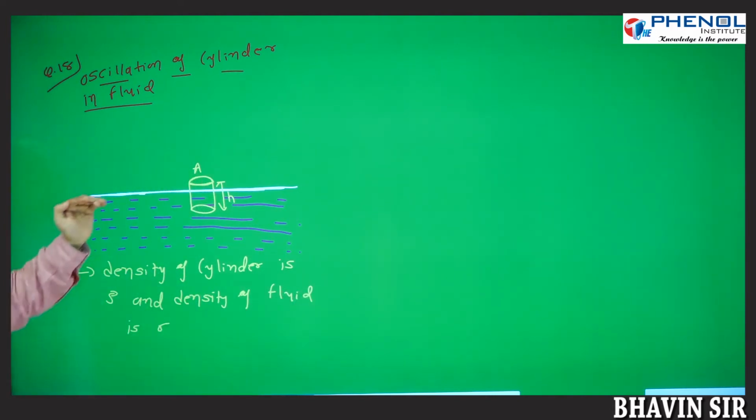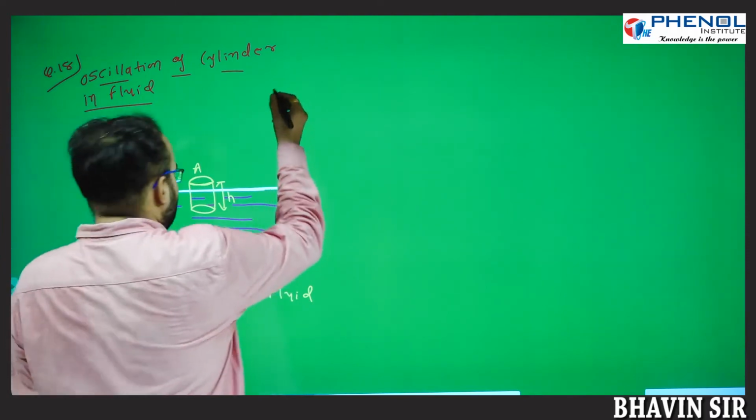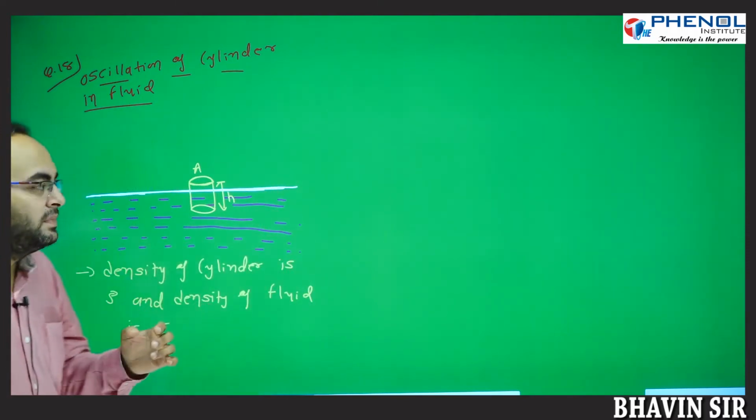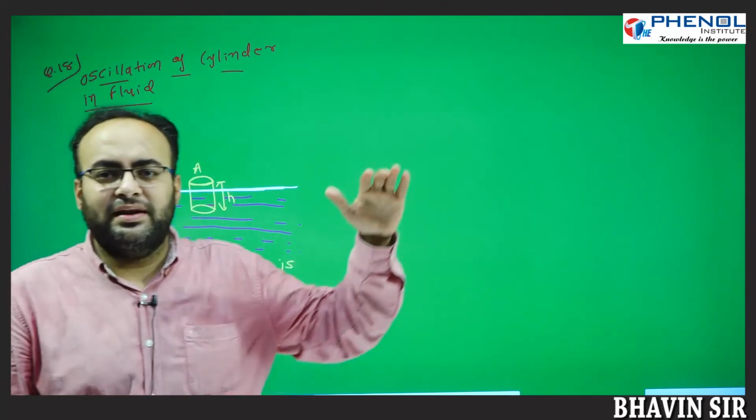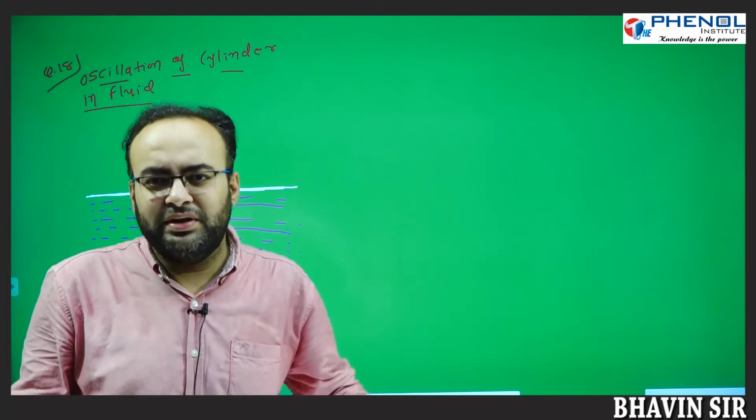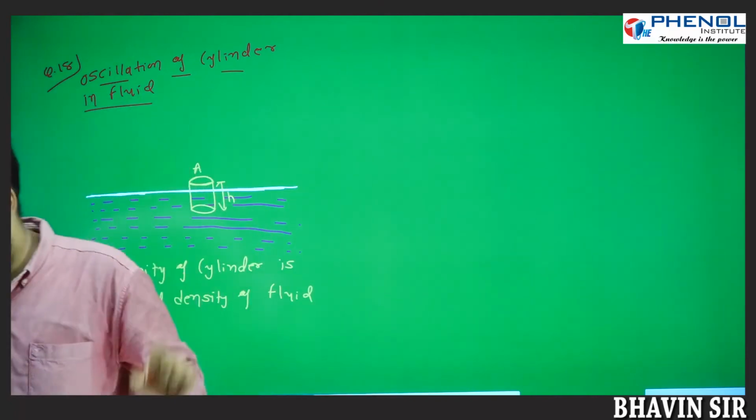Now this is the stable condition. This cylinder is floating in a liquid. Okay, but now see how for oscillation this cylinder is moving in a downward direction, slightly depressed, then released. Okay, chalo.